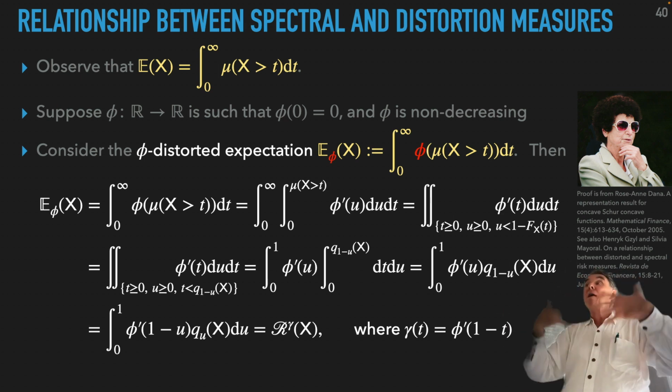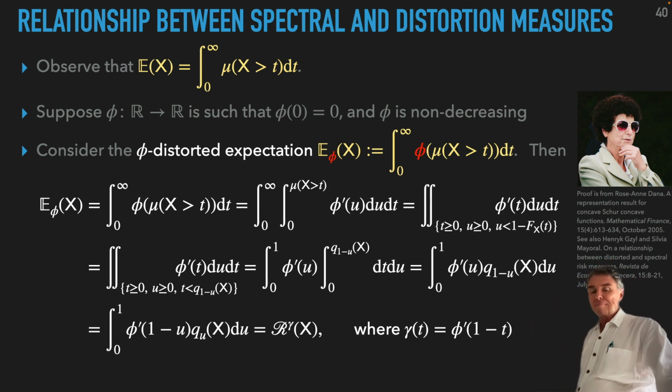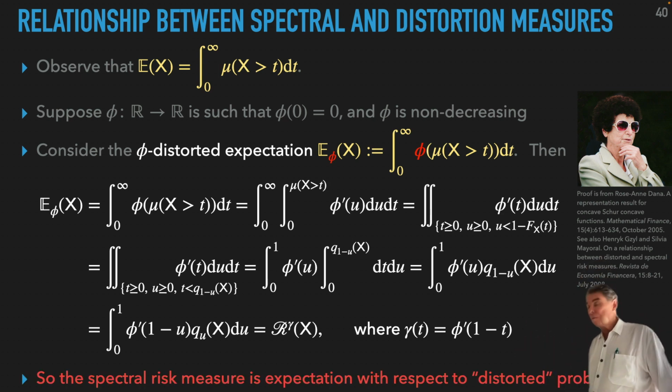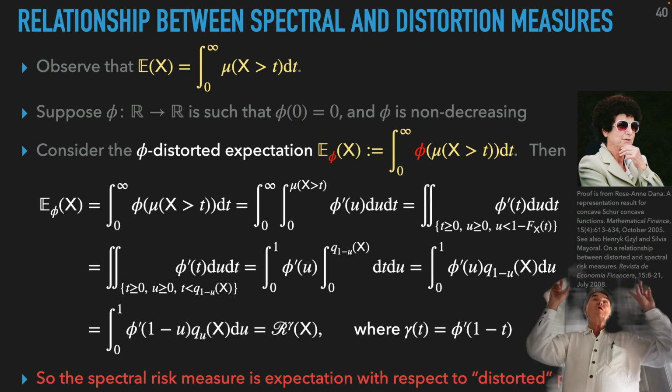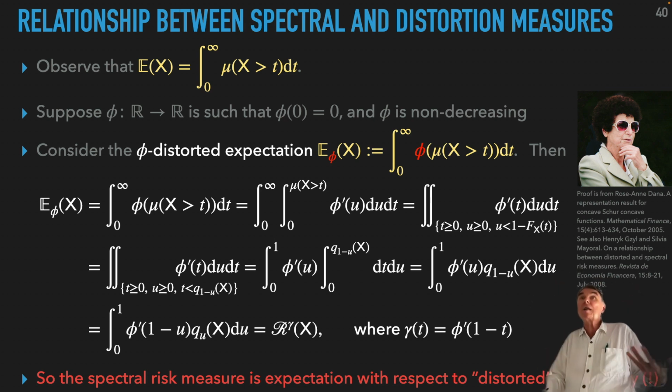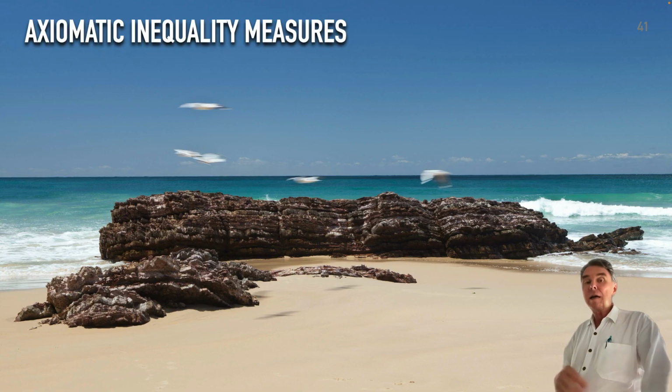They're a very natural class of quantities to use when we're dealing with data in the way that we want. Anyway, the bottom line here is simply that this strange new quantity that I introduced, you can think of it as just a distorted expectation, which is kind of satisfying. I said it was a nonlinear expectation.